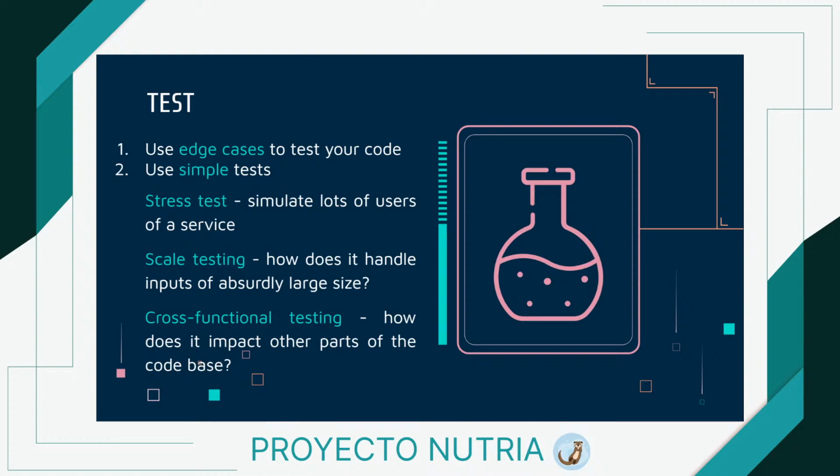The final one is cross-functional testing. This is not a very common one, and basically it asks how it impacts other parts of the codebase. Maybe you are integrating this part of the code in another system, and how is it going to interact with other parts?